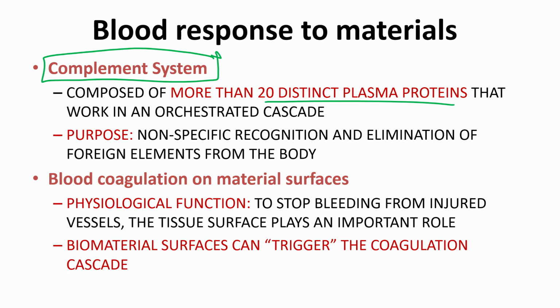And so, that is to prevent us from dying out, right, because if let us say I get a cut and the blood never stops, then I will eventually lose all the blood from that cut. So, that is a response that the body has evolved to make sure that all the blood is not draining out, and you can clot the blood on any new surface that the blood cells are seeing.